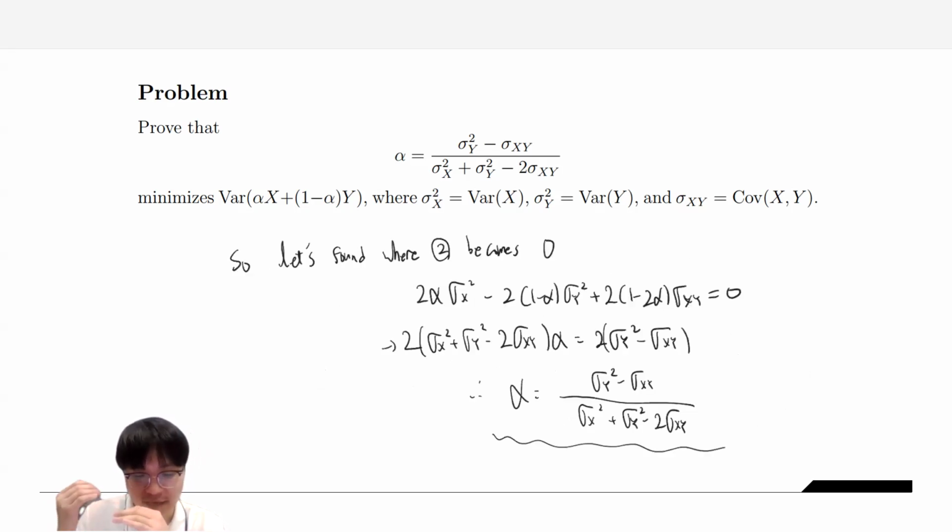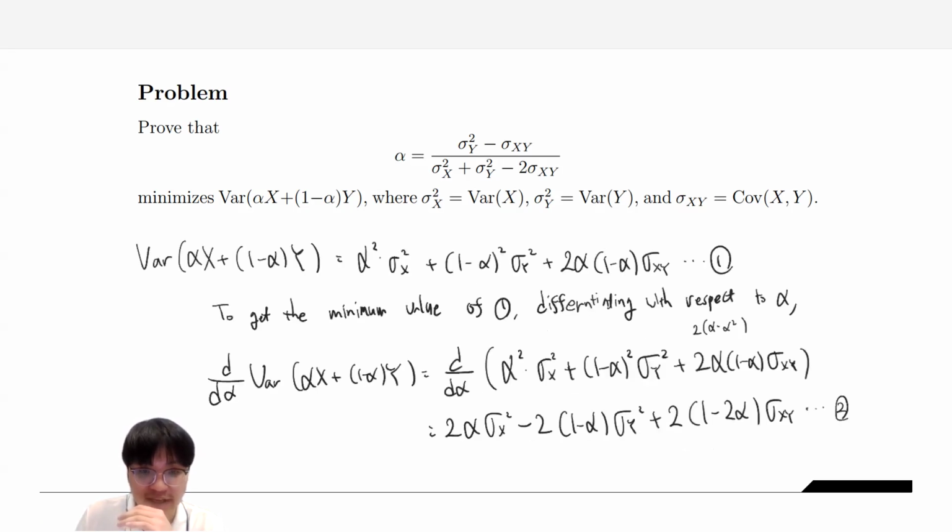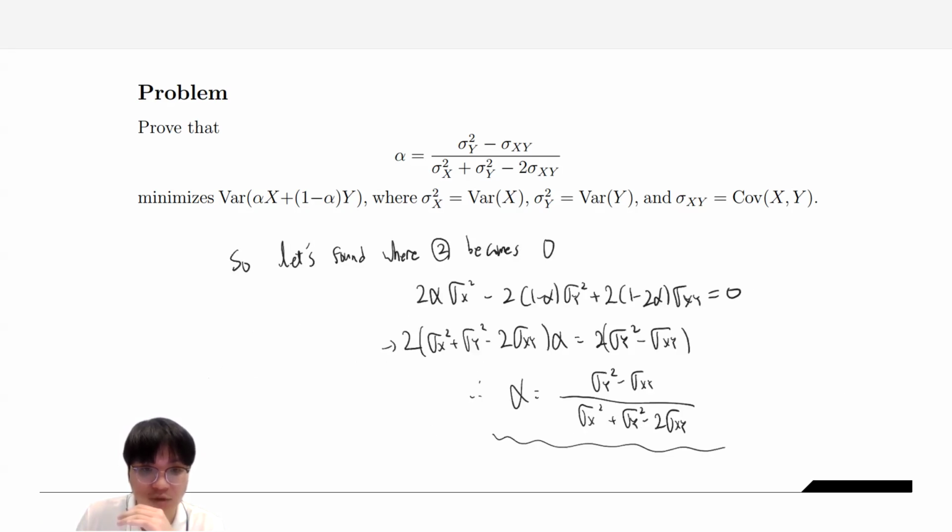So we have to find the alpha value that minimizes the variance f of alpha. So we have to find the alpha value that makes f prime alpha become 0. If we suppose that f prime alpha equals 0, then we can get the alpha value as sigma x squared plus sigma y squared minus 2 sigma xy over sigma y squared minus sigma xy.